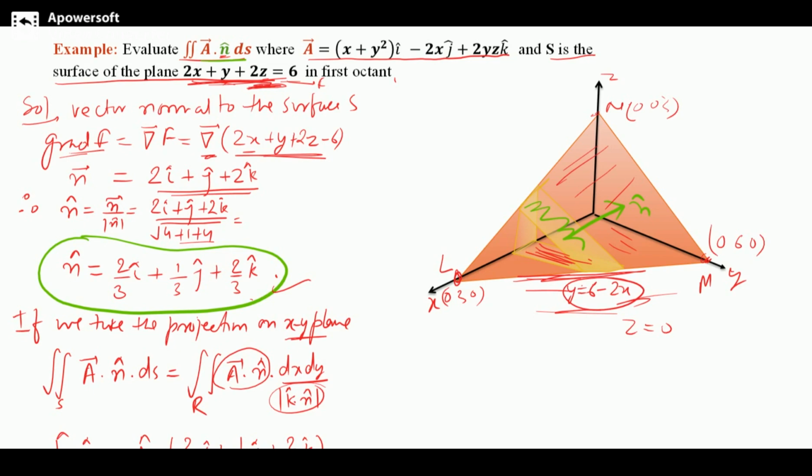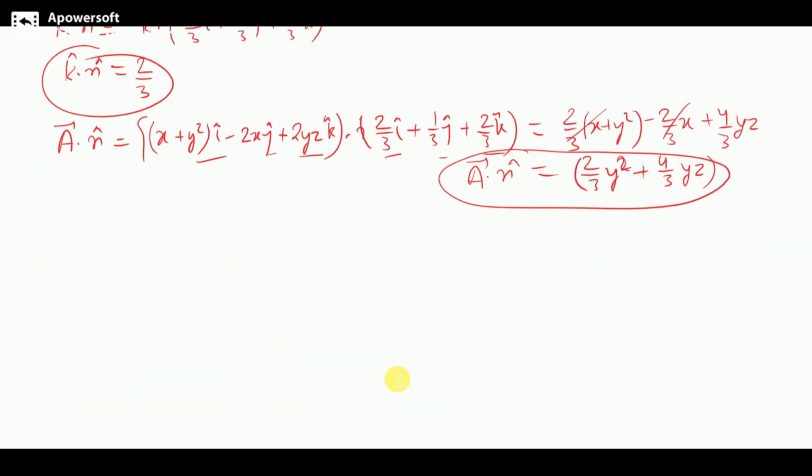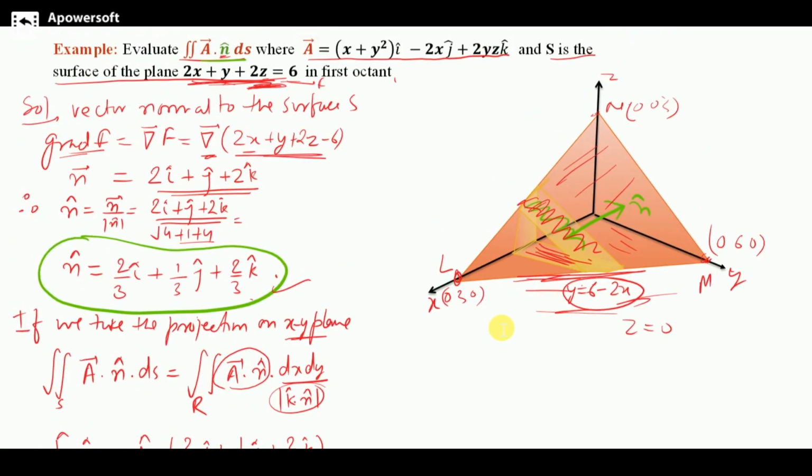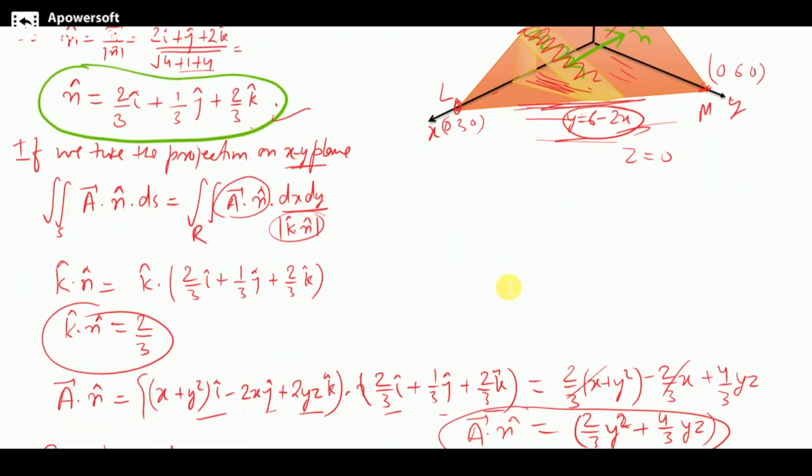Here we take a small strip, a small part of that region. R is the projection of surface S, and that is a triangle OLM on the xy plane.